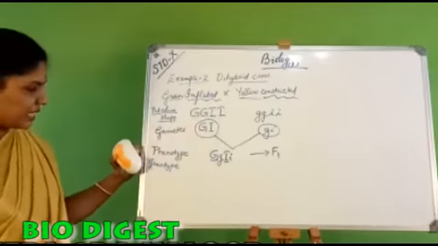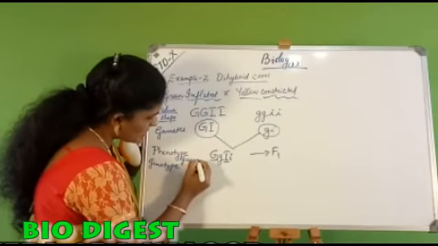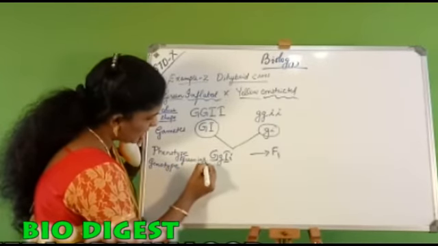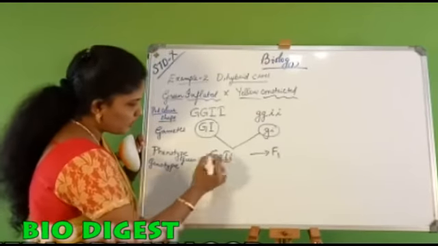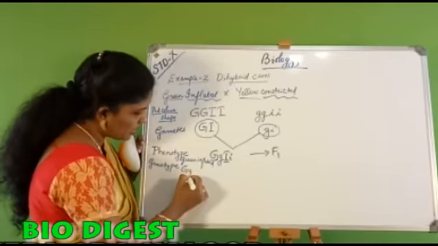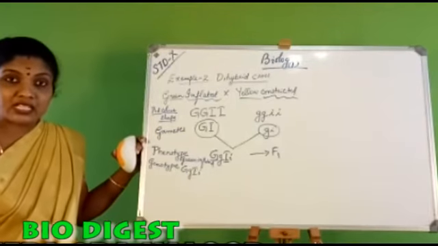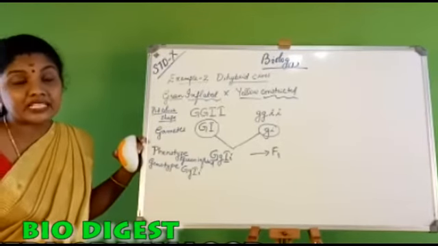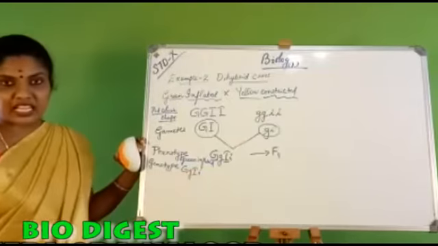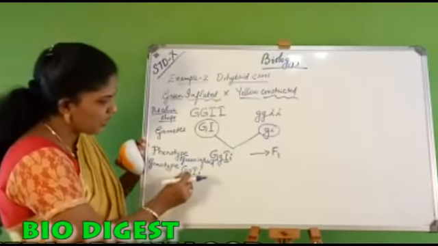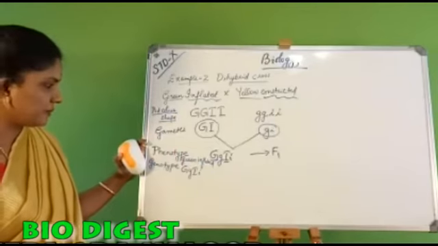Green inflated. Okay. So phenotype is green inflated. Now what is the genotype? Genotype, you copy this like this, or you can write heterozygous, green and inflated. Okay, this is known as heterozygous condition. Heterozygous means the genes are different for a particular character.